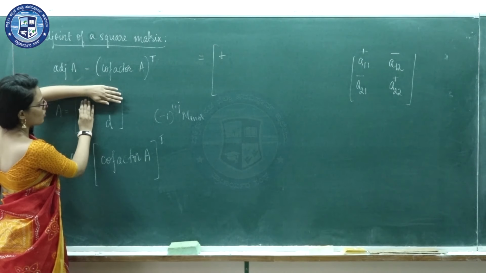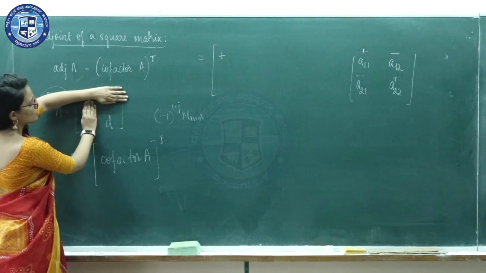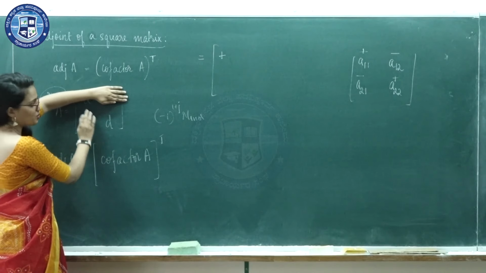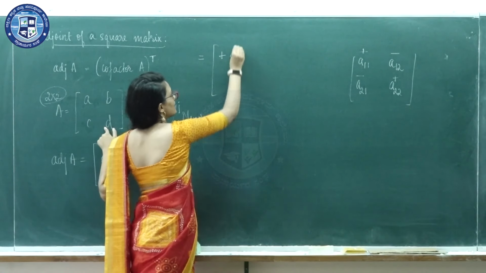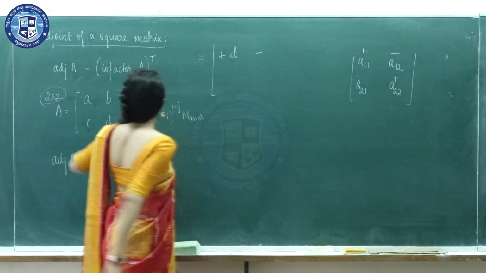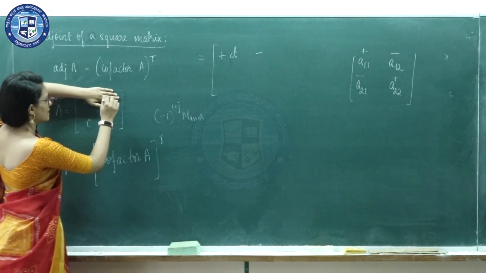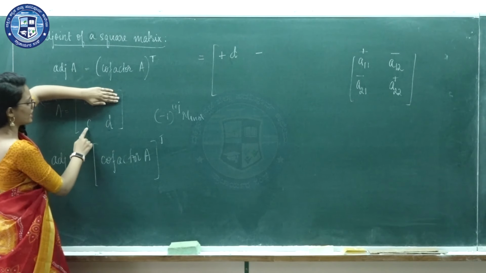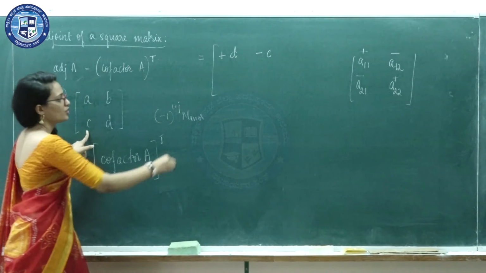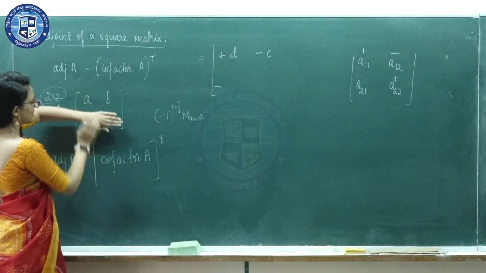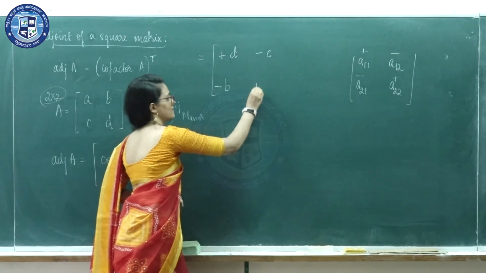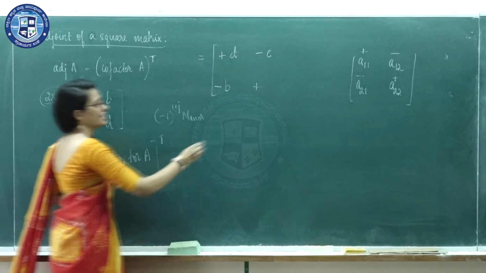We are deleting the row and column which contains this A, so we have to calculate the determinant of D. This is a 1 cross 1 matrix, so the determinant is itself, so we will get plus D. The second element has a minus sign, so let's delete the first row and the second column. We have C remaining, so this is minus C. Next has a minus sign, delete this, we have B. Then next we have a positive sign, delete this, we get A.